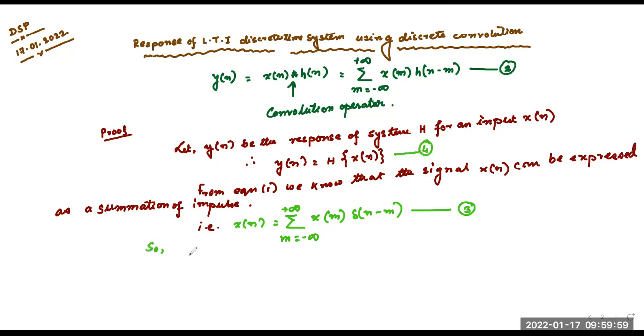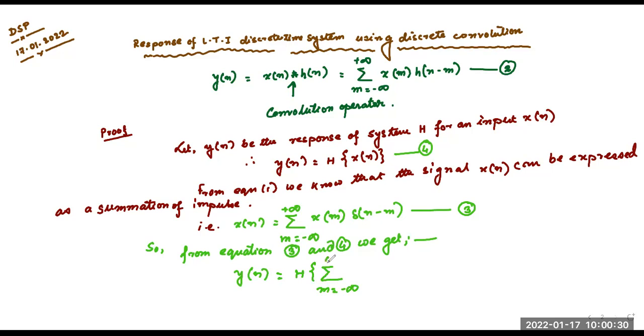So from equations 3 and 4, what do we get? y[n] can be written as H of the summation of m equals minus infinity to plus infinity x[m] into delta[n minus m].